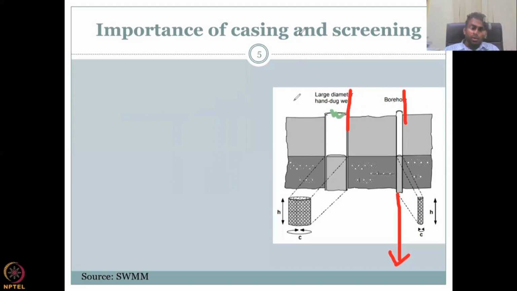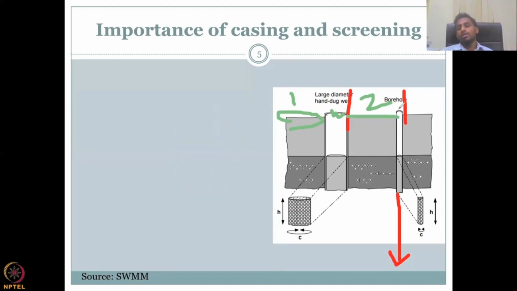Whereas in the second, this is the first and the second. The first is run using your dug well. However, as I said, you have cropped only this area. With the bore well, you are losing a very small fraction of the area when compared to land with just a dug well.